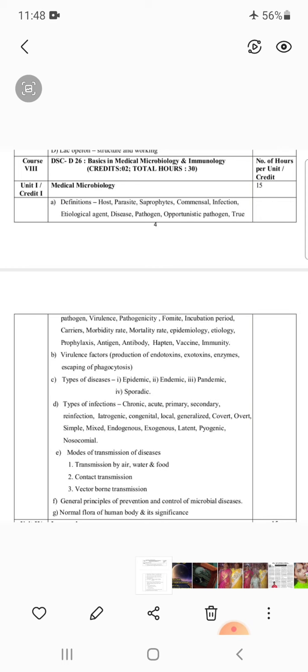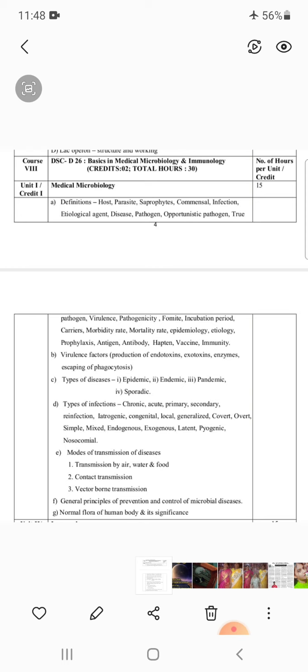Pyogenic infections are pus-forming infections. Nosocomial infections are hospital-acquired infections, meaning infections caused through hospital staff, hospital beds, and hospital formats are known as nosocomial infections.